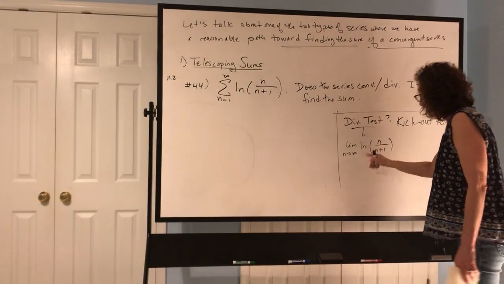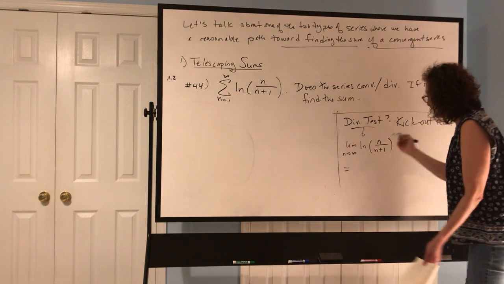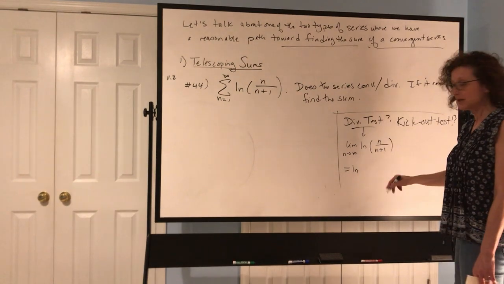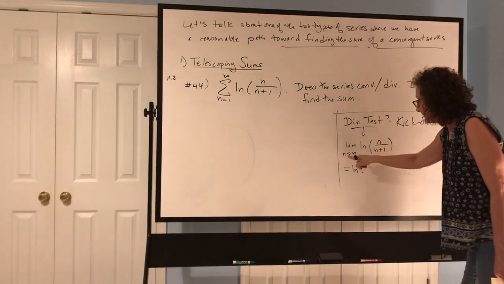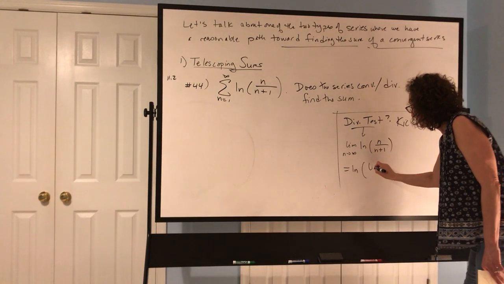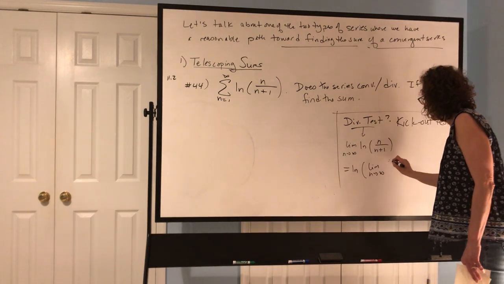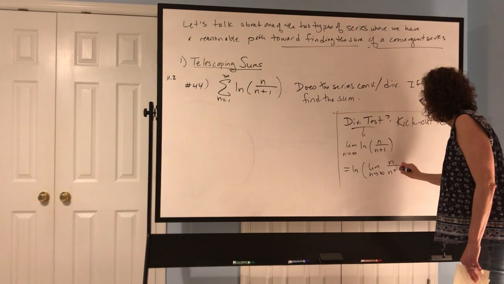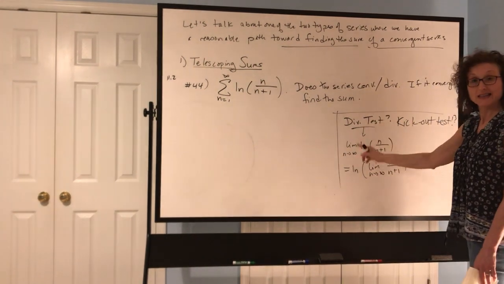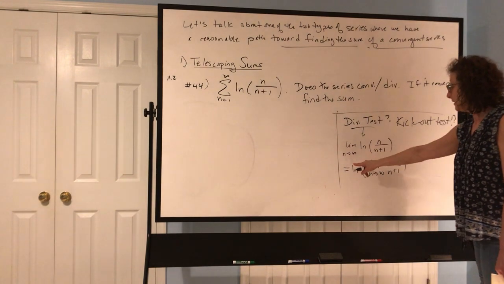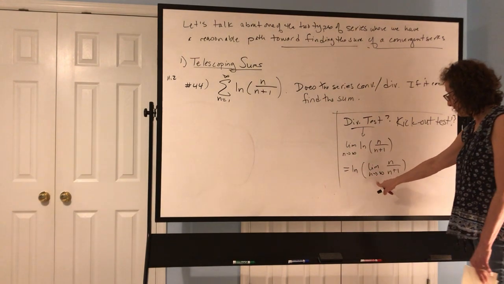Since natural log is continuous as long as our argument is positive, which it is, this limit is the natural log of the limit of this stuff. We've used that idea in several different types of problems.